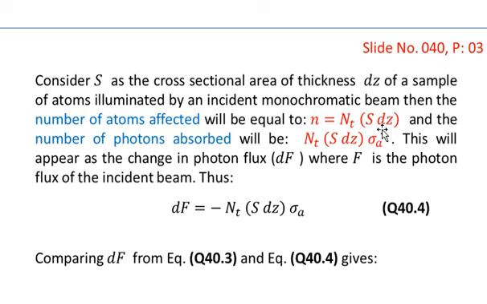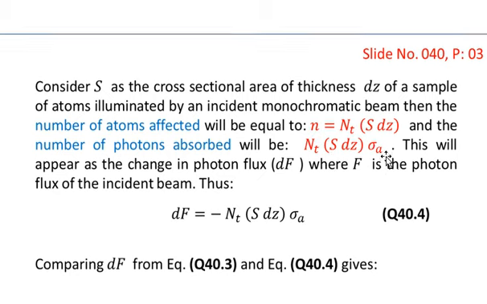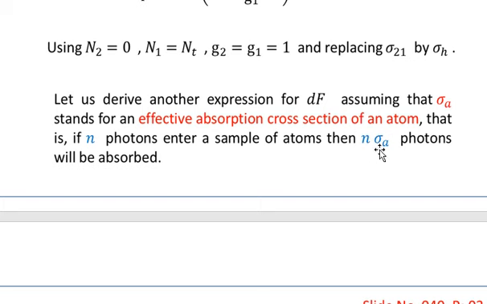S multiplied by dz is the volume of the sample containing the atoms, and NT is the number per unit volume, so this gives the total number of atoms in that volume, denoted by small n. The number of photons absorbed is obtained by multiplying small n with sigma a.